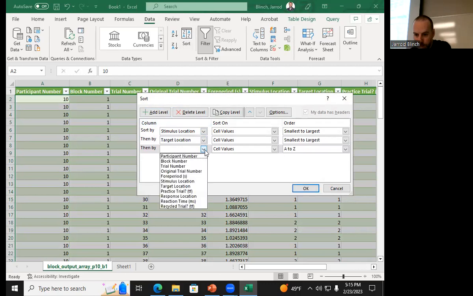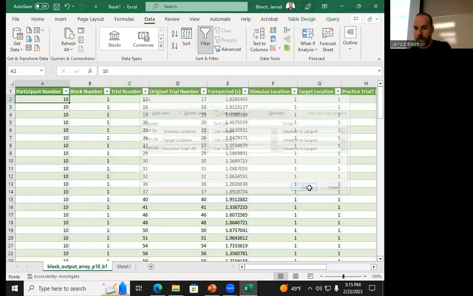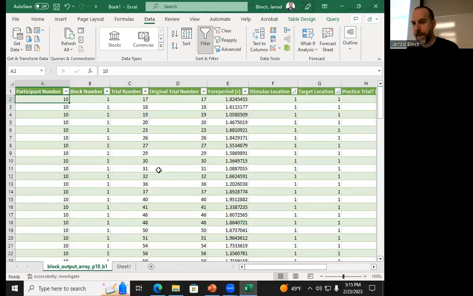And then we're also going to sort by whether it's a good or bad trial. Smallest to largest is fine, either way. So we say okay, and now if we look over here, we go trial 17, 18, 19, 20, and then we skip 21 because that was probably a different type of trial. So it's rearranged these rows.